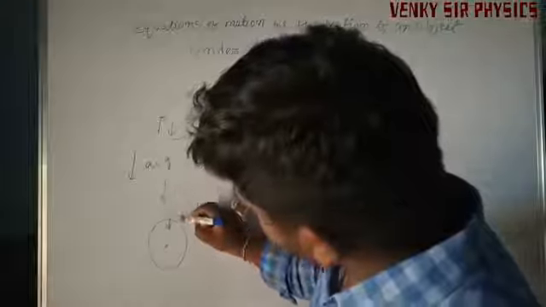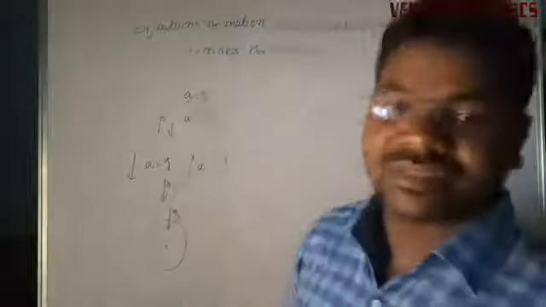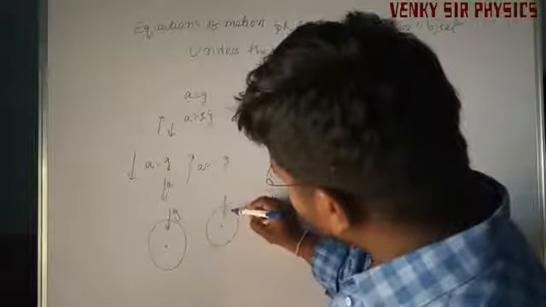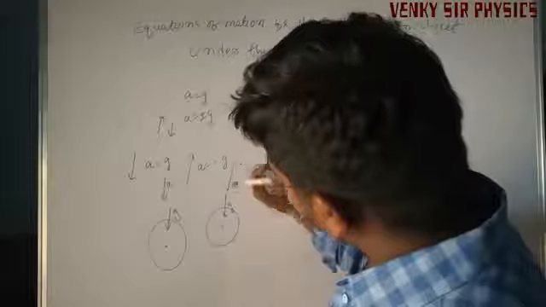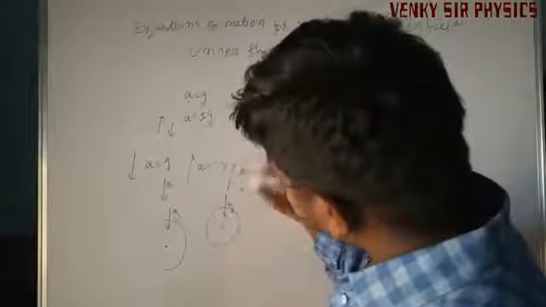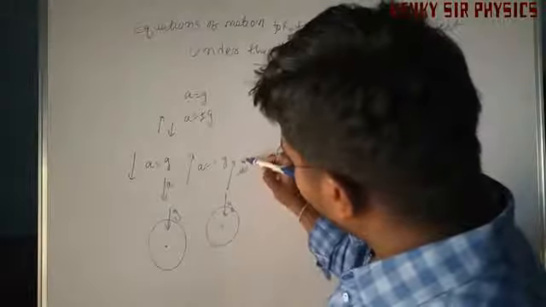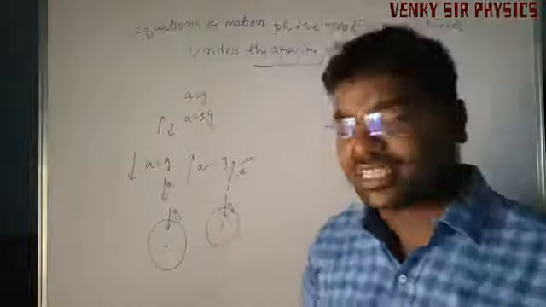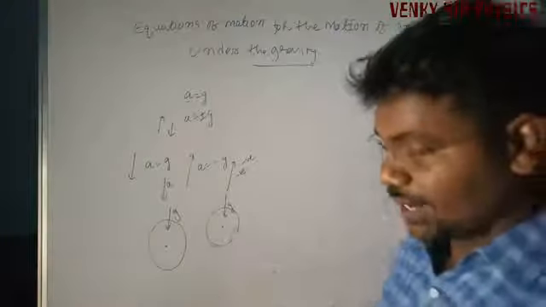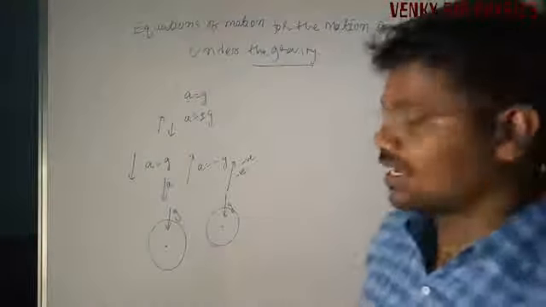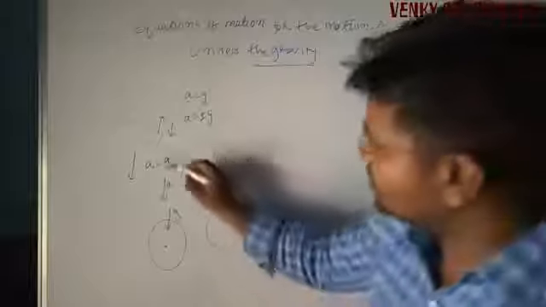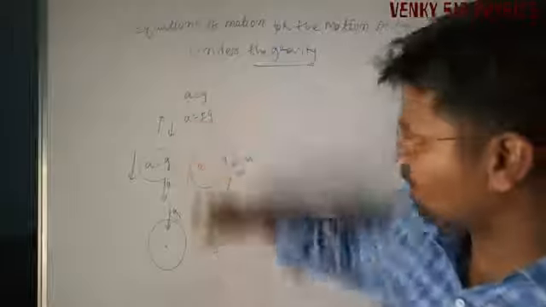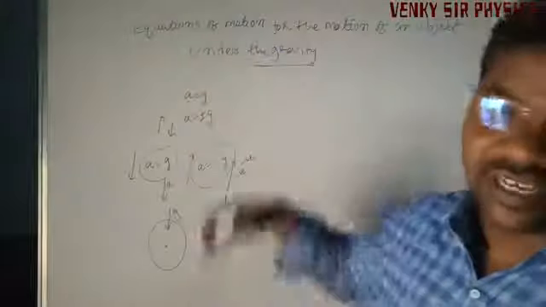That's why g and a have the same direction. When a particle moves upward, acceleration is negative. So a is equal to g for free fall, and a is equal to minus g for vertical upward motion.